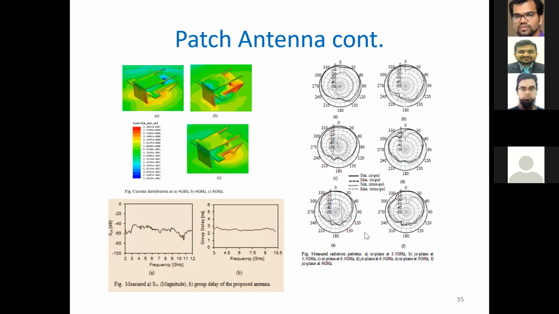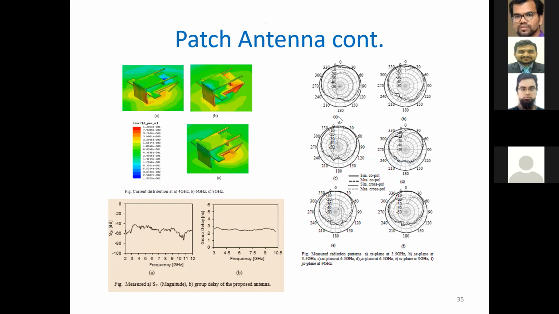Now, if we look at the current distribution in the figures, I just want to say something about the second figure. We can see a tremendous current excited on the folding area, which shows that the distribution is very good in this area. It helps us enhance the bandwidth to make it ultra wideband. And we see the magnitudes and group delay. These are perfectly stable.